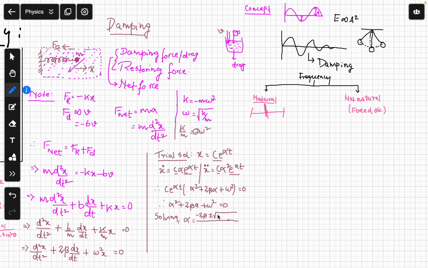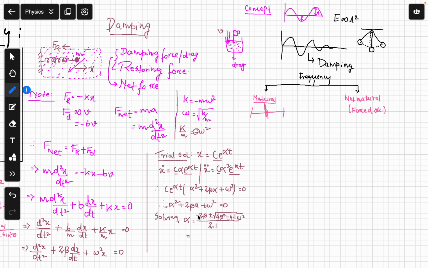B square means 2 beta square, so I can write it down as 4 beta square minus 4a. If you look into this equation, a is 1, so that's just 1 into c. C is omega square, so it is 4 omega square, divided by 2a. A is 1.